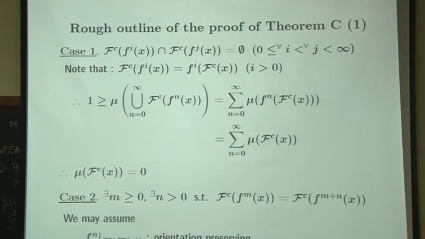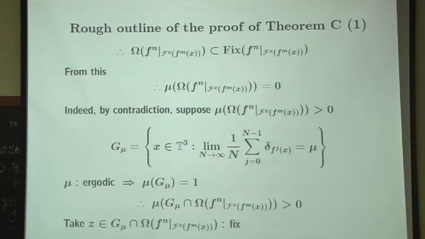Then we assume that this leaf is homeomorphic to R1. So if necessary, taking twice of F to the N, we may assume that our orientation is preserved.